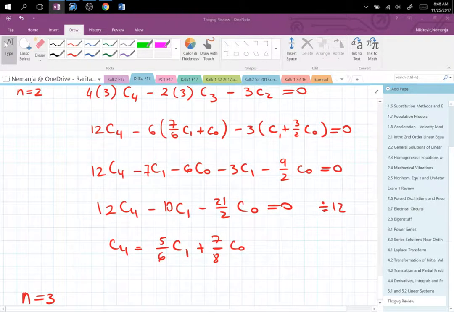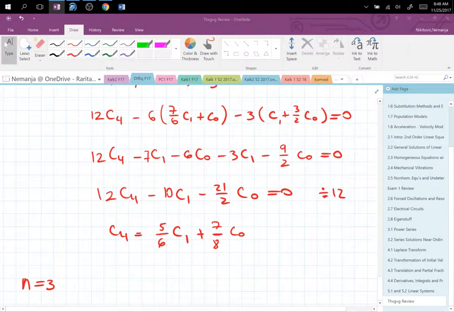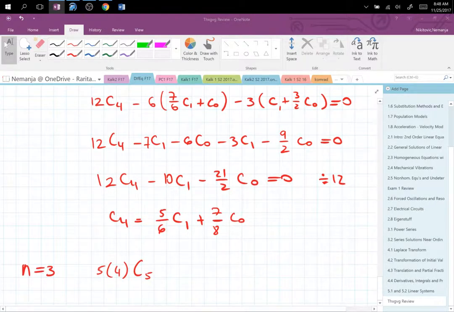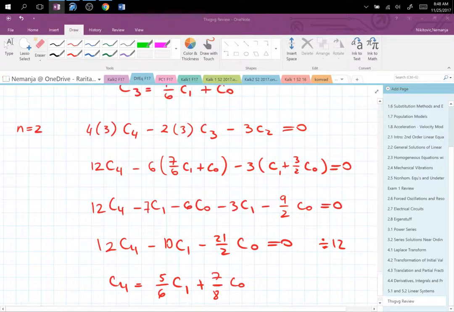For n equals 3, we have 5 times 4, c5, minus 2 times 4, c4, minus 3 times c3 equals 0.